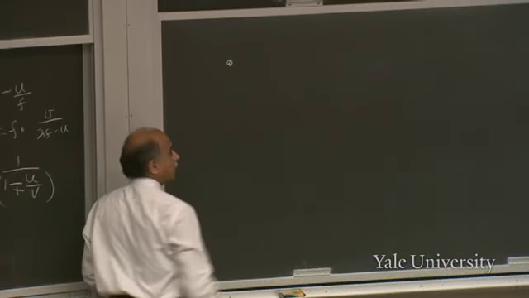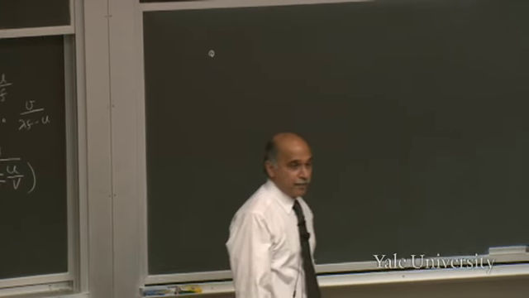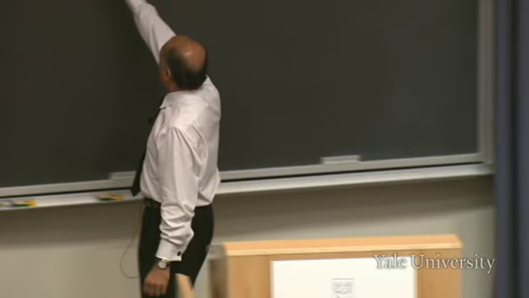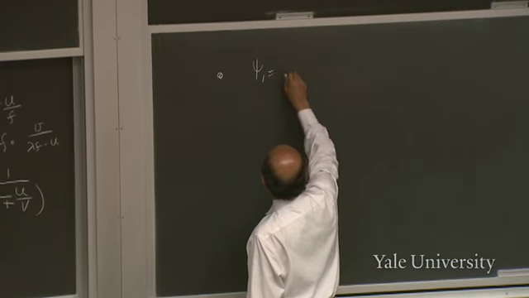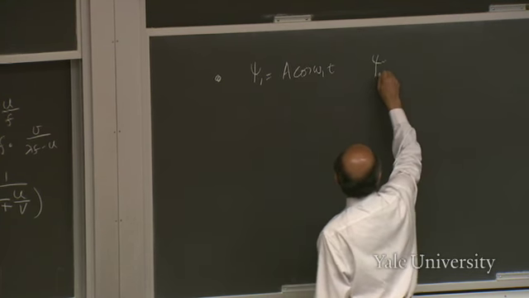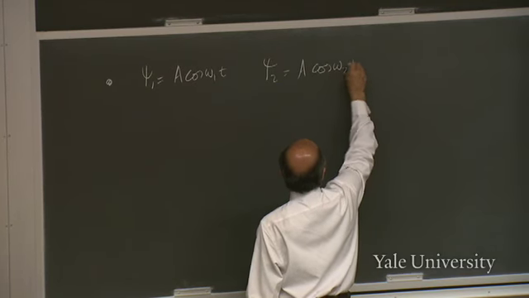So the simplest problem is the following. Pick a certain spot. You just sit there and listen to two waves. So you're not going to look at the wave as a function of space. It's a function of time. Somebody is making the waves and sending them to you. The first wave looks like psi 1 equal to a cos omega 1t. That's the second source of sound, which is a cos omega 2t.